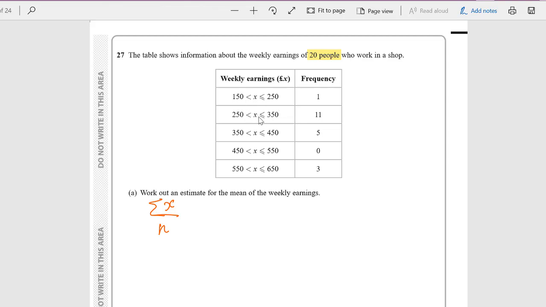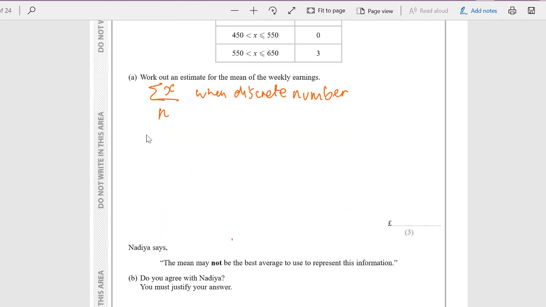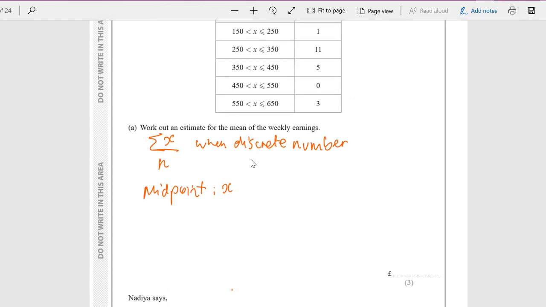So how do we figure out questions that have this interval? Since that's not discrete, we use the midpoint to figure out our x for each one.